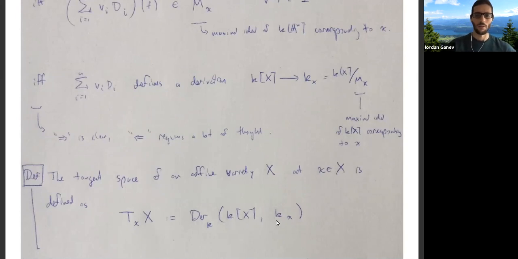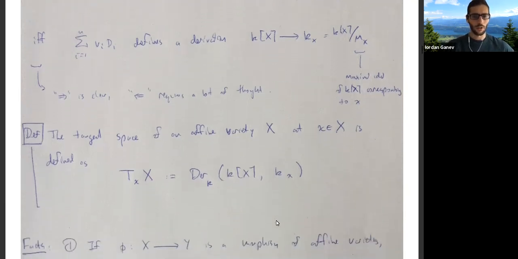So this is the one-dimensional module given by quotienting out by the maximal ideal of all polynomials that vanish on little x. Okay, and this is an intrinsic definition, so it only depends on the affine algebra of X, as opposed to embedding it into some A^n.